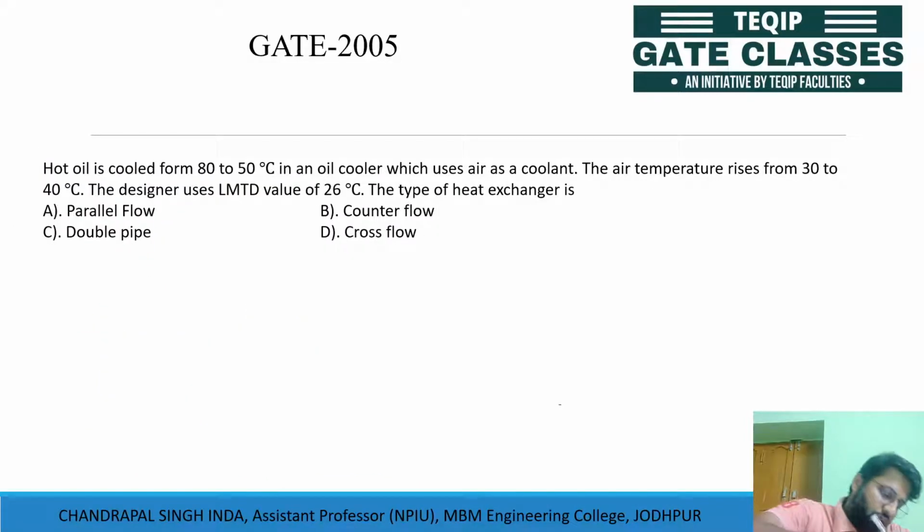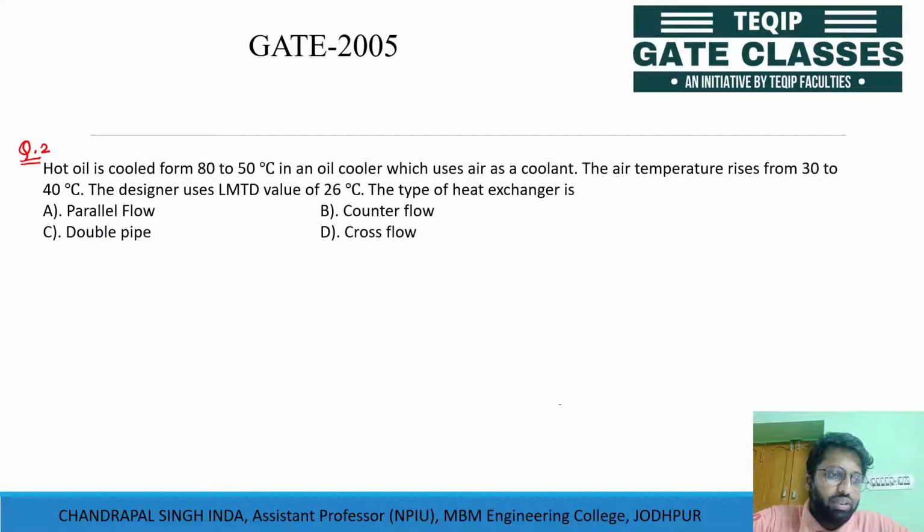So let's have another question, question number 2, that was in GATE 2005. The question says that hot oil is cooled from 80 to 50 degrees centigrade in the oil cooler, which uses air as a coolant.